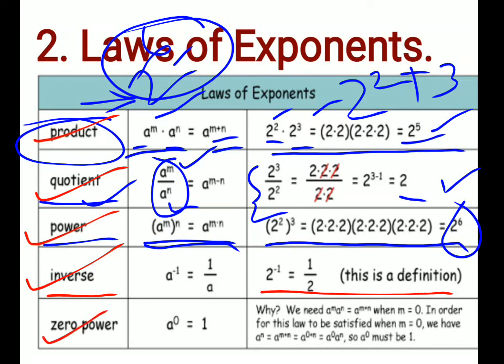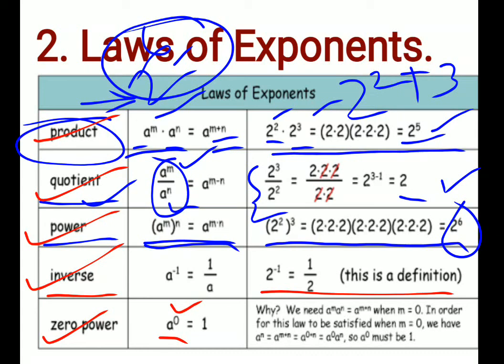Now the last one, which is very important. Suppose you have any base, this is a, the base here, and 0 is the exponent. Whenever you have any base and the exponent or power is 0, a to the power 0 is considered as 1.